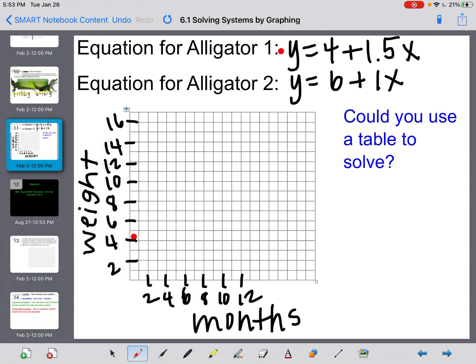So our first alligator, we'll say is the red alligator. We're going to put a dot at 4 since that's where we start, and we go up 1.5 over 1, which means up 3 over 2.